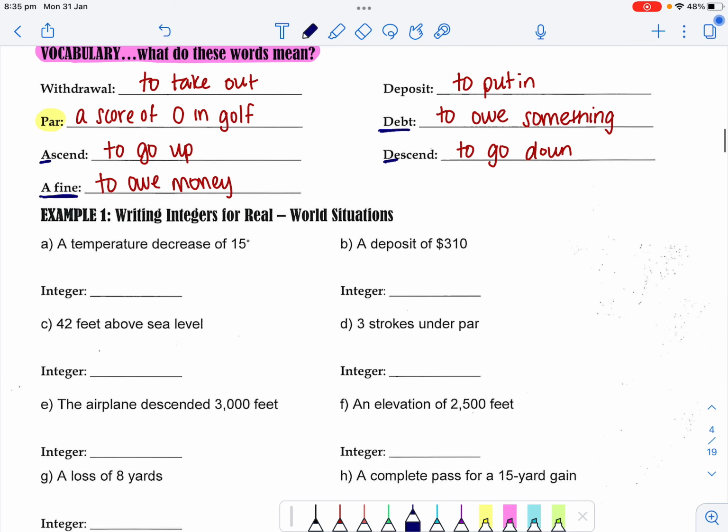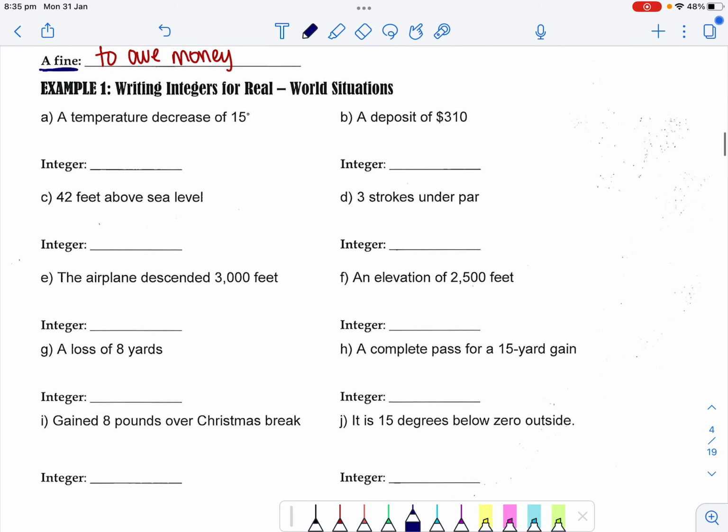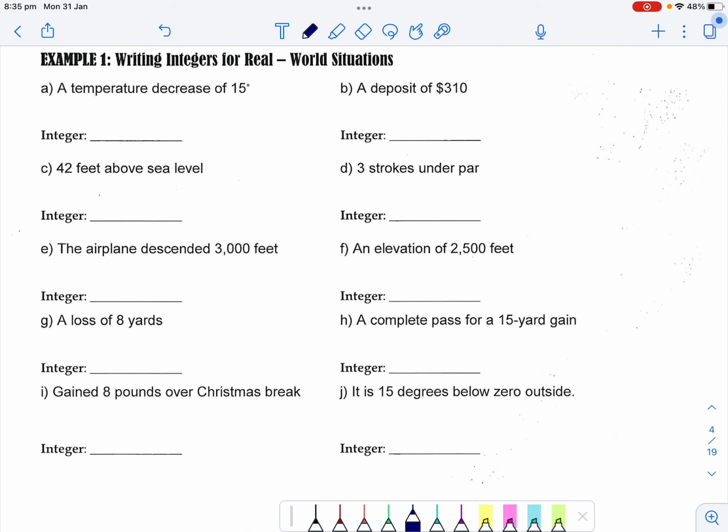Down in example 1, we are going to be using some of the words that we talked about above and then just our general knowledge of positive versus negative vocabulary to write an integer for each situation. Part A says a temperature decrease of 15 degrees. A decrease of 15 degrees is going to be -15.